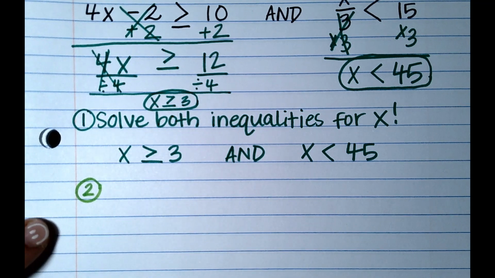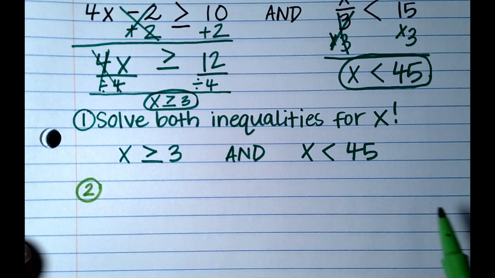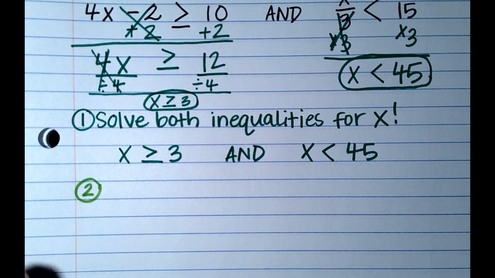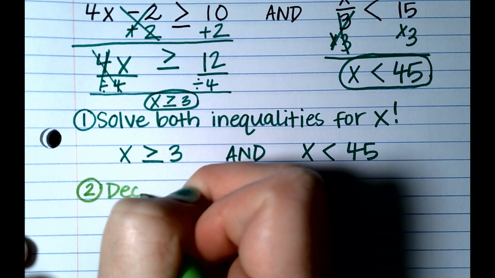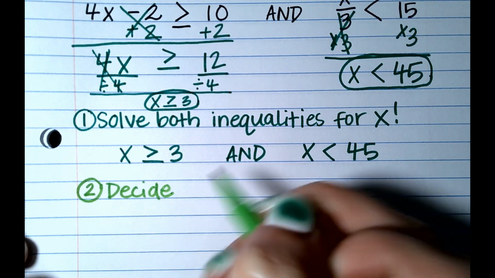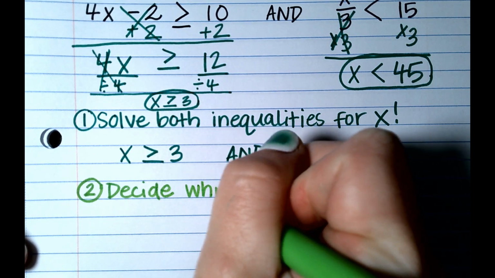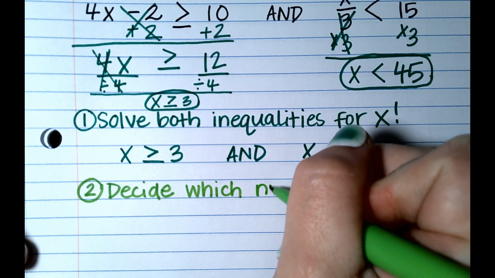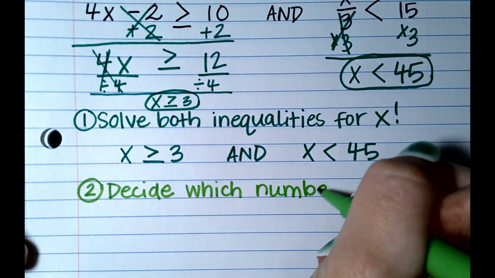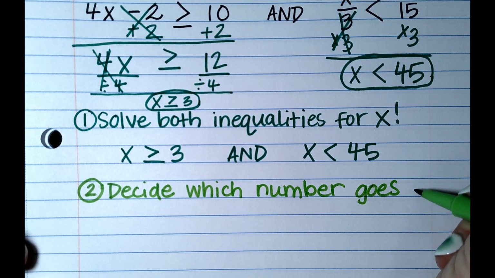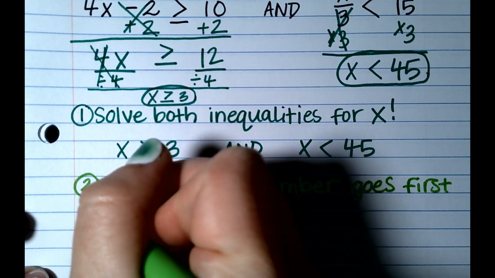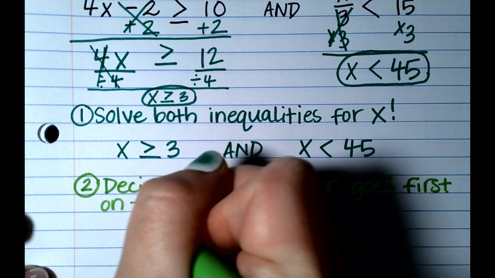So step 2 would be decide which number comes first on your graph and which one comes second. So I'm going to just say decide which number goes first on the graph.